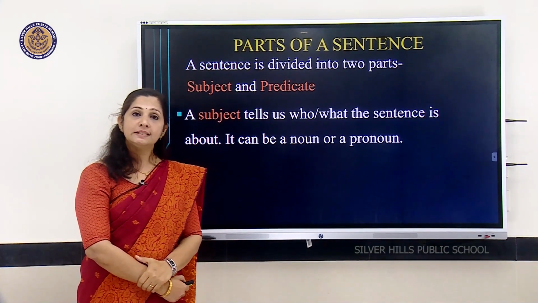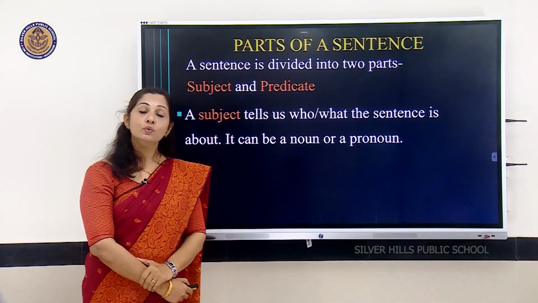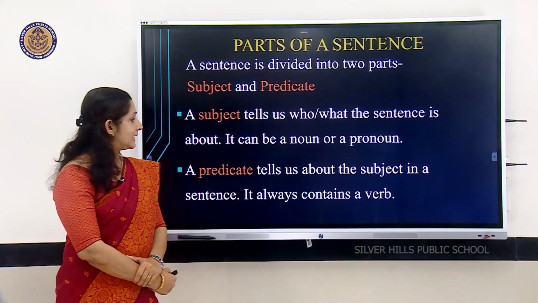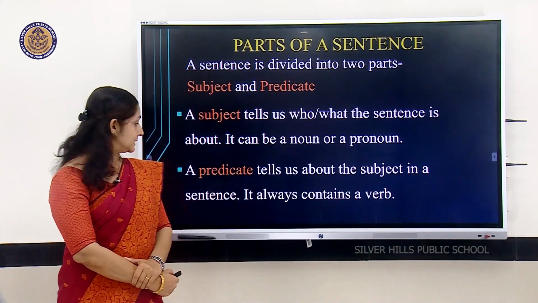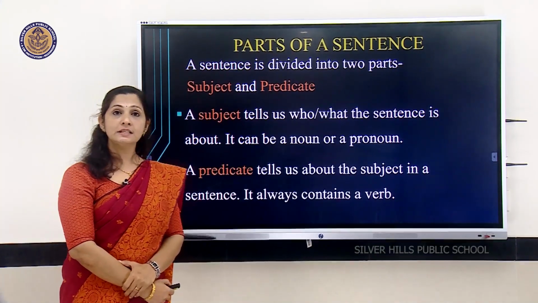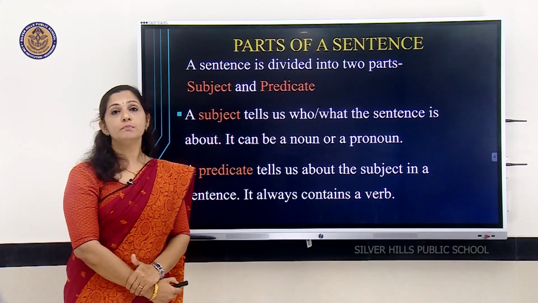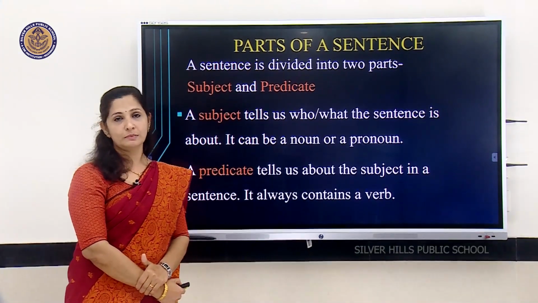The subject in the sentence can be a noun or a pronoun. A predicate tells us about the subject in the sentence. It tells us what a subject is or what it does. It gives more information about the subject.